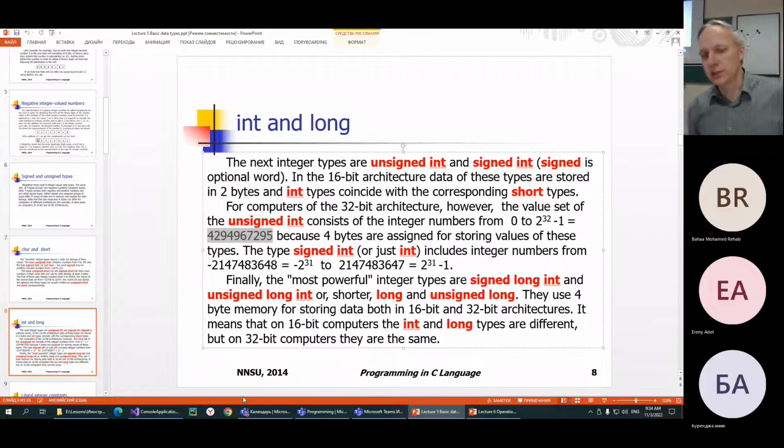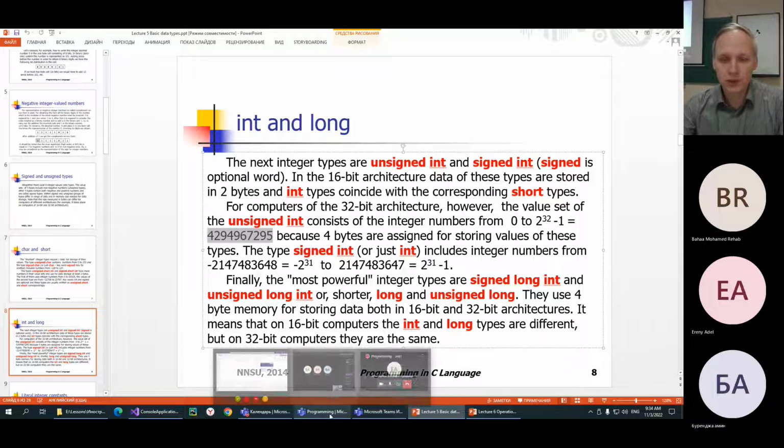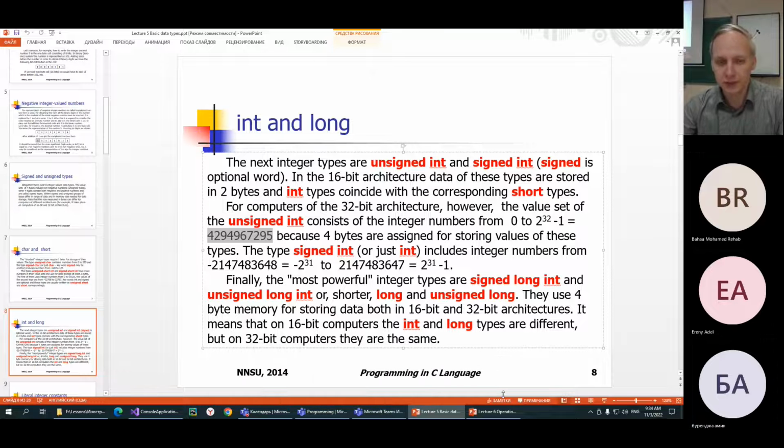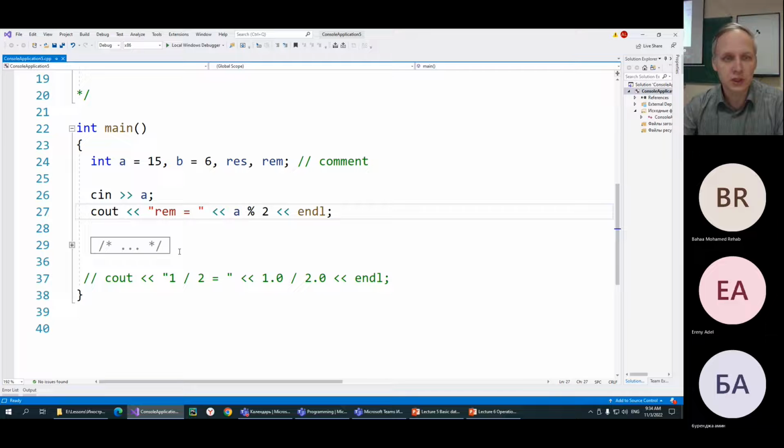We discussed special operations that can be applied to integer numbers. These two special operations are integer division and getting the remainder. Let me briefly repeat this.